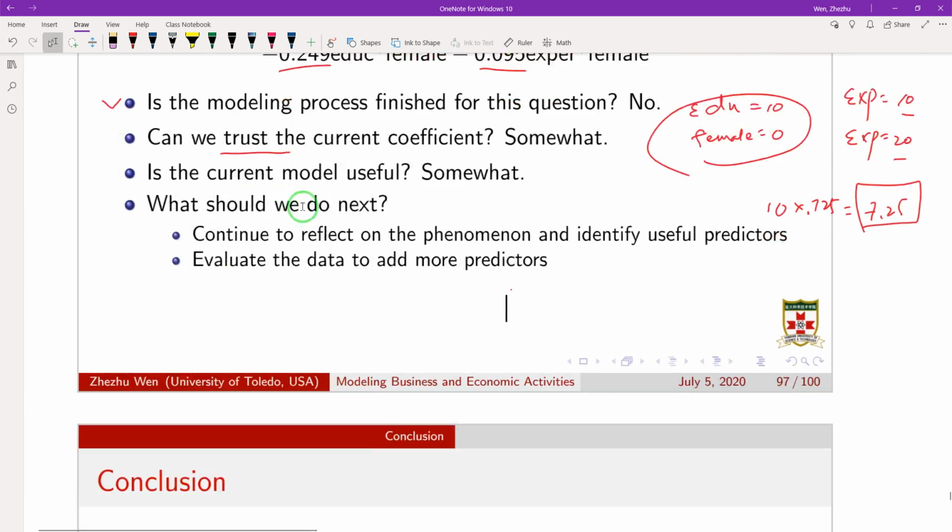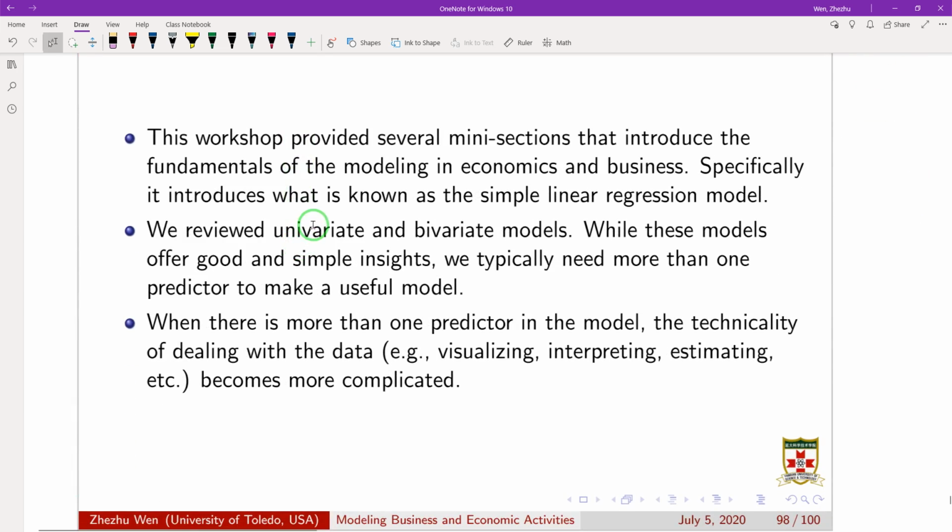Okay. In conclusion, the workshop provided several mini sections that introduce the fundamentals of modeling in economics and business. Specifically, it produces what is known as a simple linear regression model. Here is the true identity of the model we've been learning so far. It is called a simple linear regression model. We reviewed univariate and bivariate models.